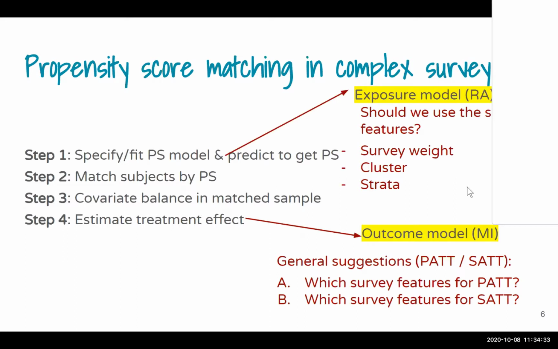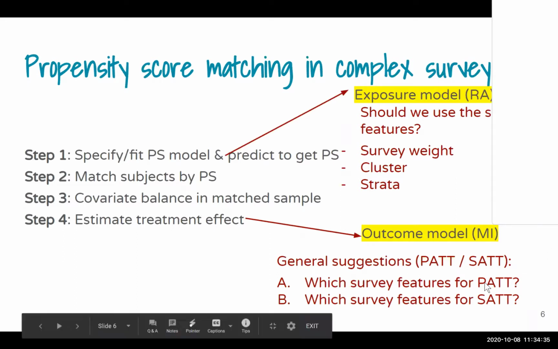Are you trying to conclude what happened in the population? So when I say PATT, that means population average treatment effect for the treated. And the other option is sample ATT. Are you only interested in what is happening in your sample, or are you interested in the population?